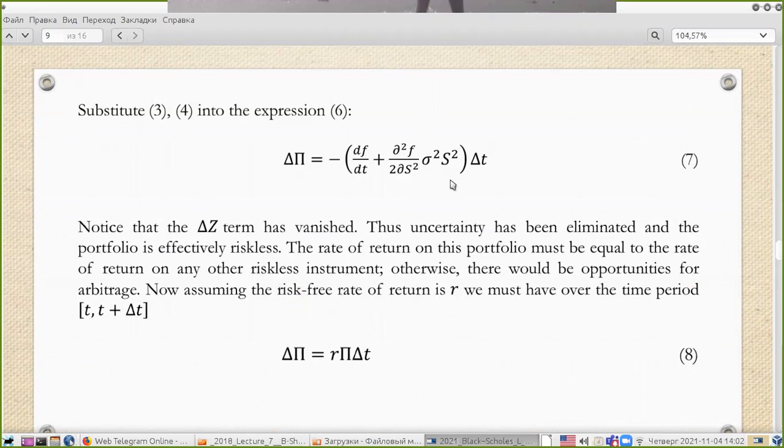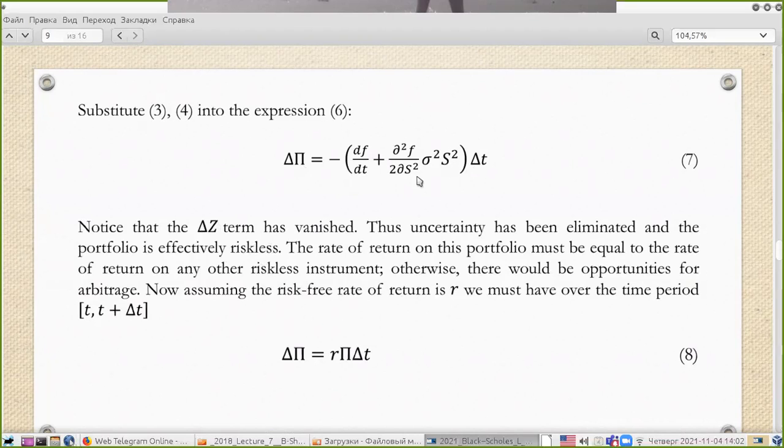What do we discuss after that? You see that in formula 7, the delta z term has vanished, disappeared. So uncertainty has been eliminated, and the portfolio is riskless, effectively riskless, because we don't have the stochastic term.